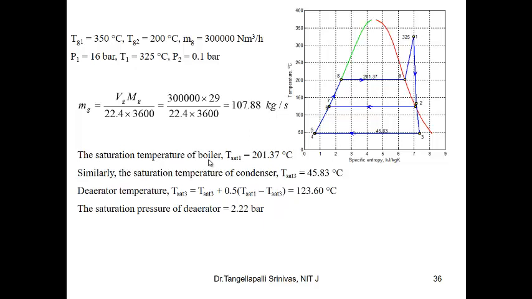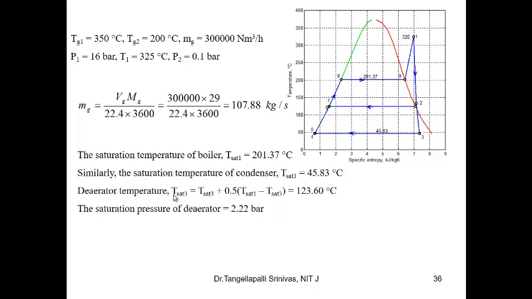The saturation temperature of the boiler at the given pressure of 16 bar from the steam table is 201.37 degrees centigrade. Similarly, the saturation temperature of the condenser at 0.1 bar from the steam table is 45.83 degrees centigrade. Now the deaerator temperature is located between the boiler saturation and condenser saturation temperature as per the given constraints.